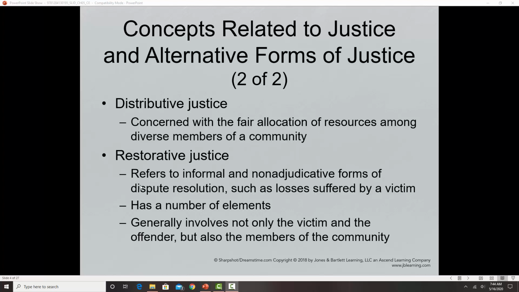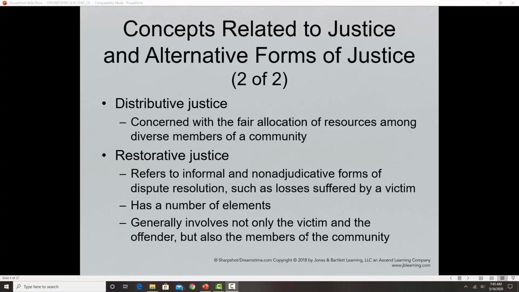And then we have restorative justice. We look at this a lot in victimology. It refers to the informal and non-adjudicative forms of dispute resolution. That means civil law. And it's really about making sure that victims get some type of resolution for losses that they suffered as a result of being victimized by a crime.